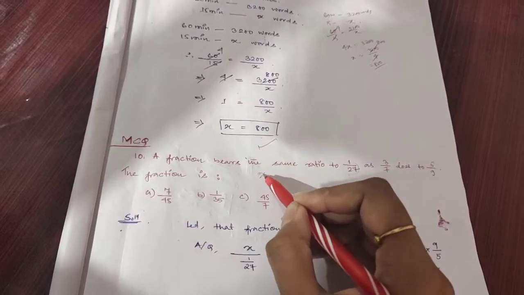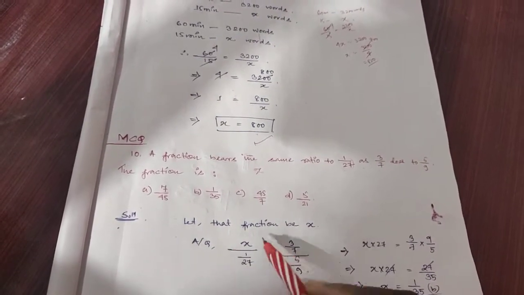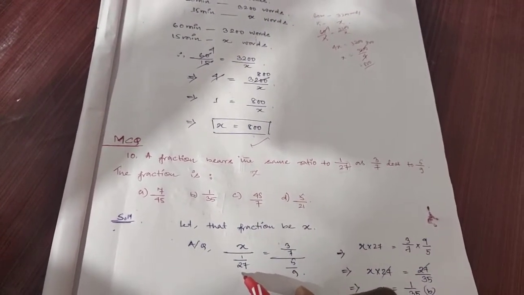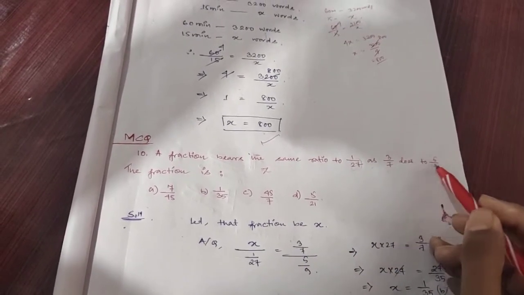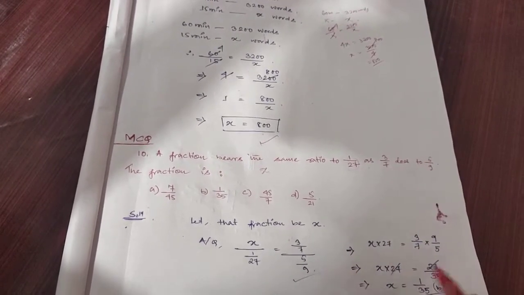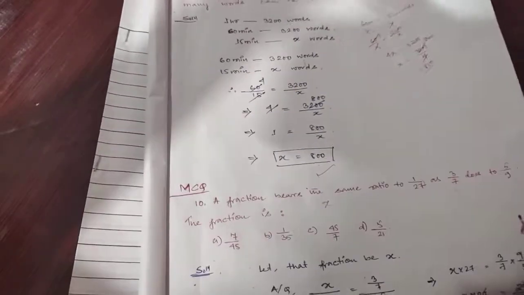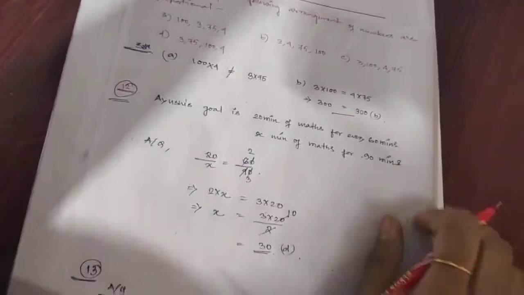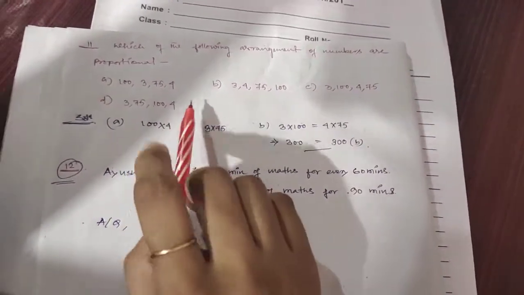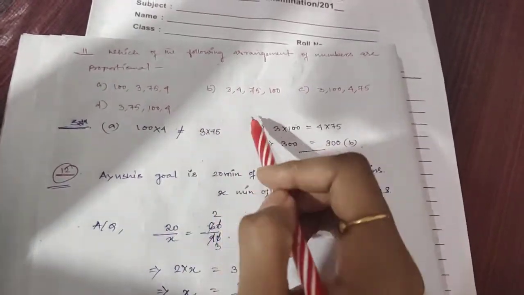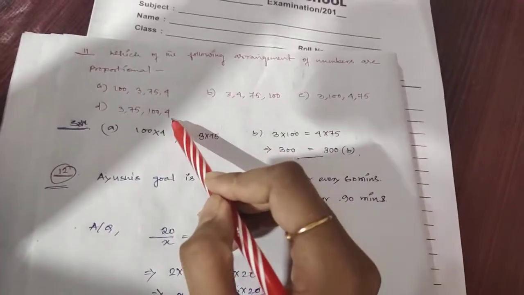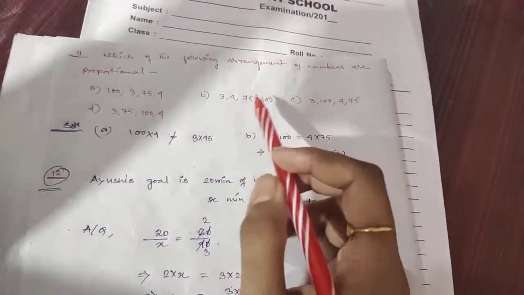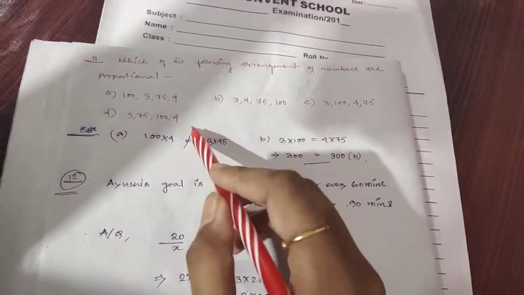I have taken that number as X. So according to the question, X by 1 by 27 will be equal to 3 by 7 to 5 by 9. This calculation you will do by yourself. This is also very easy. Just verify which option is in the form of proportion. So you do it by yourself.